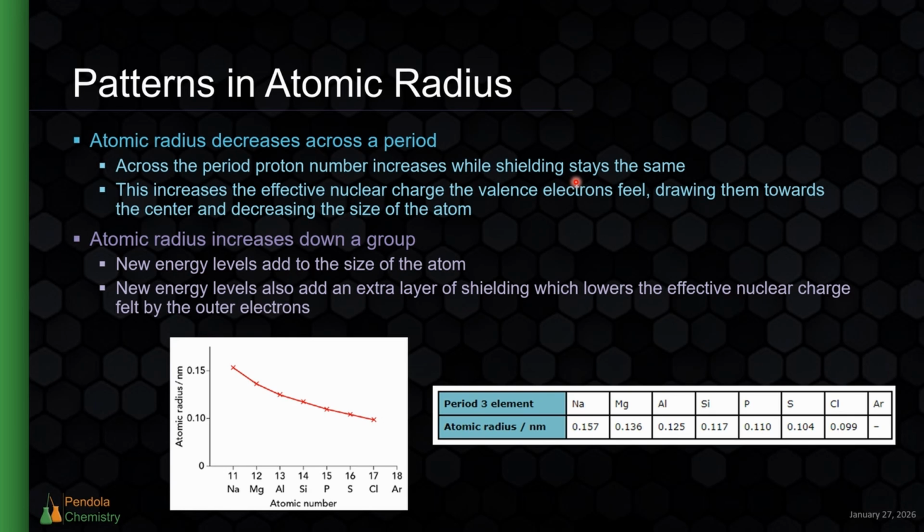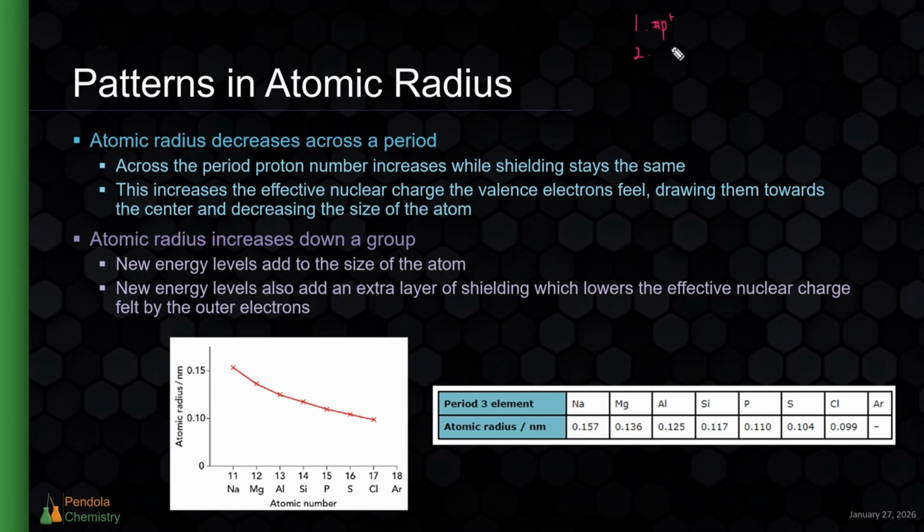Now, if we go back for a second and we remember what are the three factors that are going to affect most of these physical properties, number one was proton number, so number of protons, whether there are 2 protons, 10 protons, 24 protons in the nucleus.